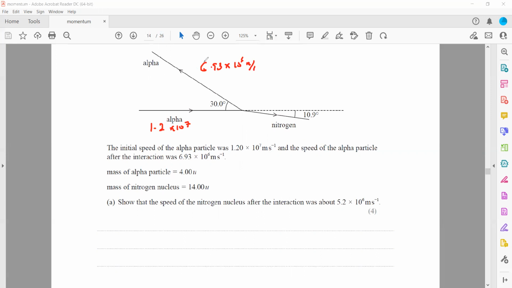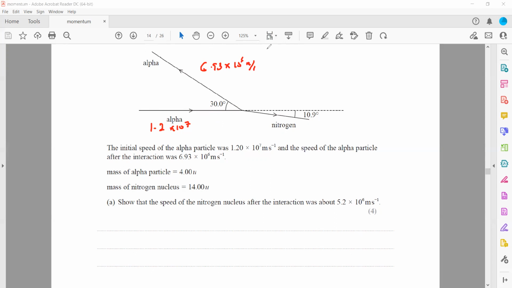This speed will have 2 components, horizontal and vertical, because it is making a certain angle. So when we divide it, the component along the angle will be equal to 6.93 times 10 to the power 6.